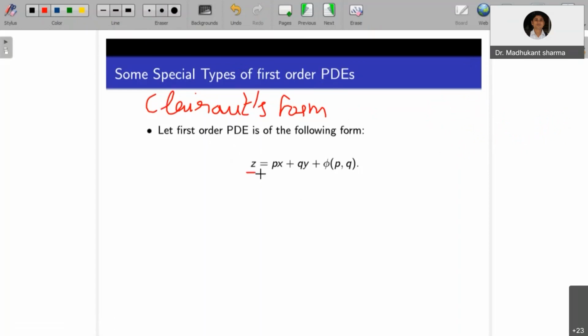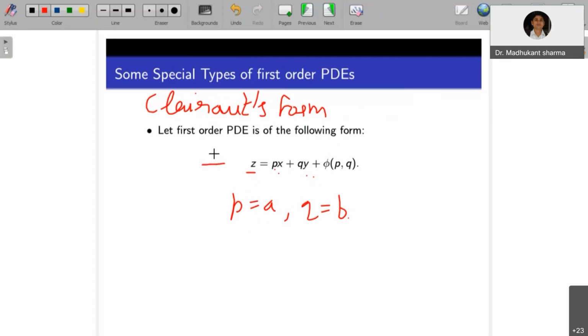where you can write the equation in the following form, involving x, y, and z. So z equals px plus qy plus phi of p comma q. For the solution of this, you can substitute p equals a and q equals b, the constants.